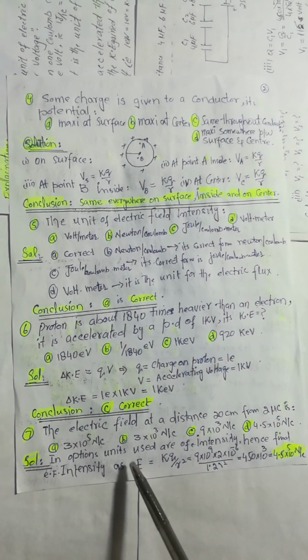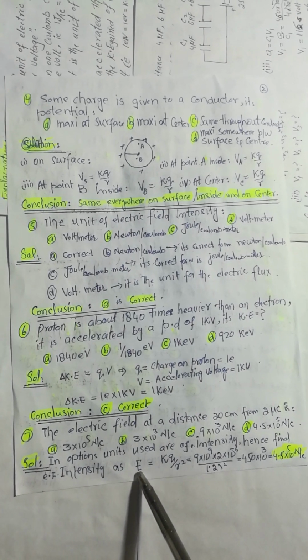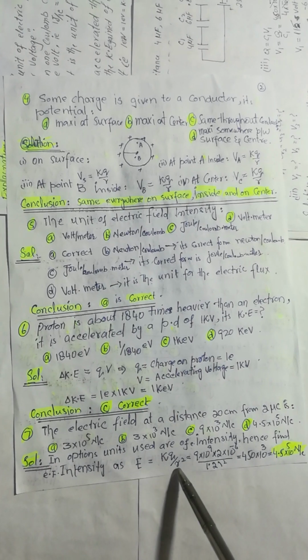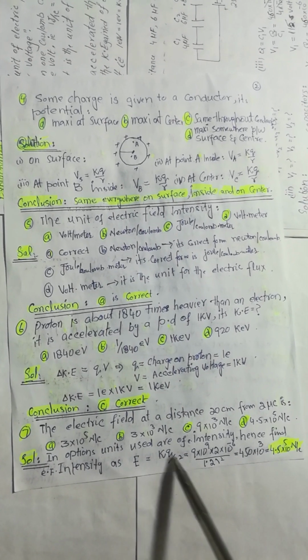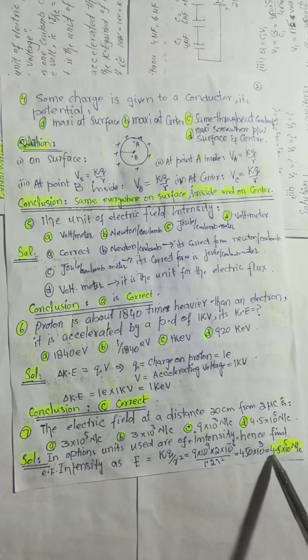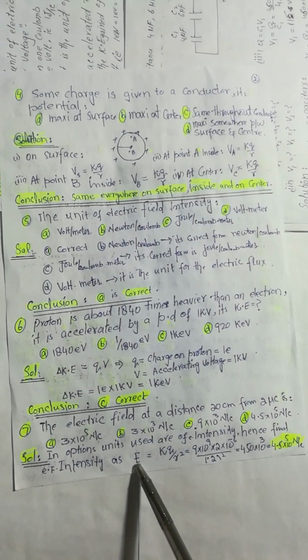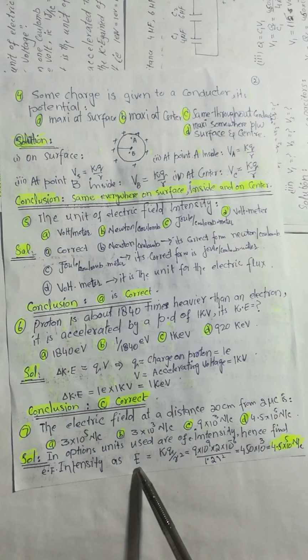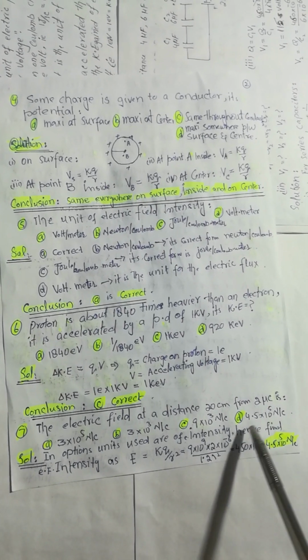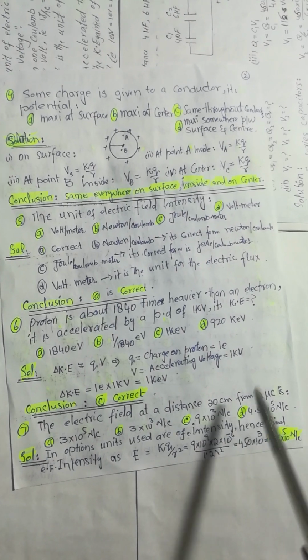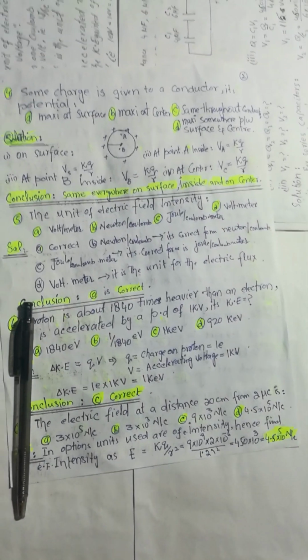So we will apply the equation of the electric field intensity of a point charge, E equals kq by r squared. Putting the values here, finally we will get 4.5 times 10 power 5 Newton per coulomb. For the electric field intensity, we see this is option number 4, that is D, so option D is correct.